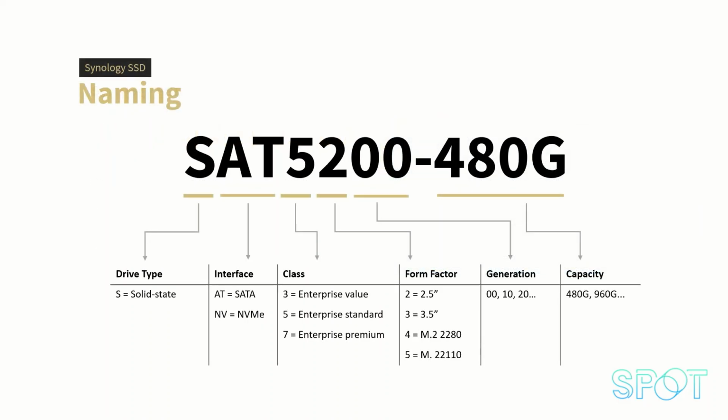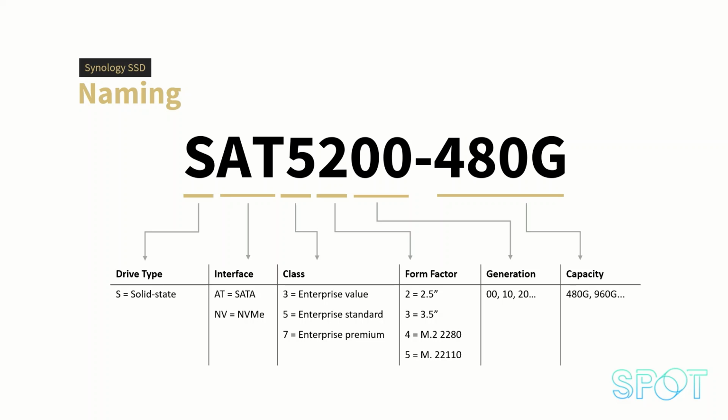So just to give you an overview of our naming convention, I've run through this with the SAT 5200 480GB. So the first letter is S, and this is the drive type. So S for SSD, as we know all these drives are SSDs. The next two are the interface, so AT for SATA, NV for NVMe.